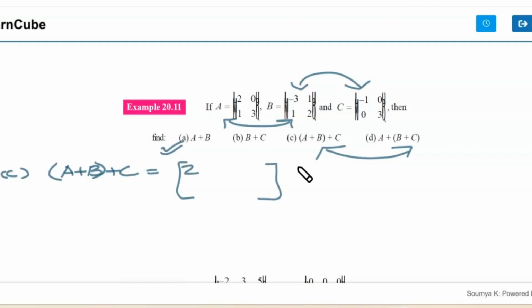I'm going to find, and what your A plus B gives you. When you add A plus B, 2 minus 3 will be the solution for the first element. 0 plus 1, 1 plus 1, 3 plus 2. Okay, and add C to it.